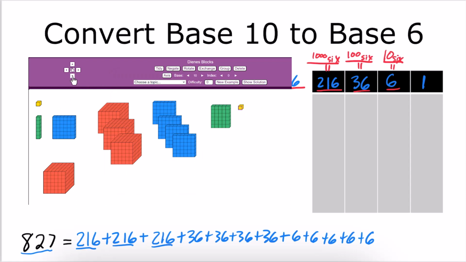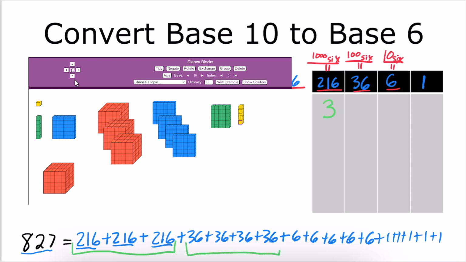And so if I put 5 1s in my picture here and write that down, that gives me the expansion of the number 827 in the place values of base 6. And then I can just look at how many I have of each thing. So I have 3 216s, so I'll have a 3 in that place value.